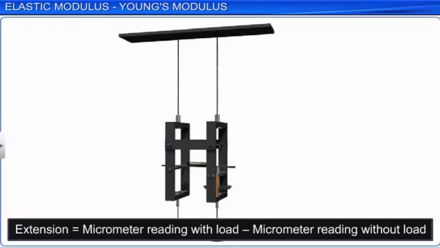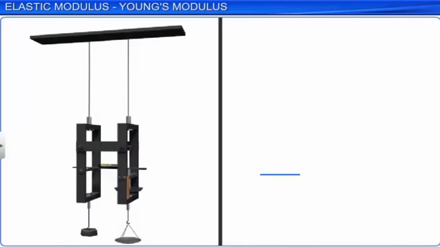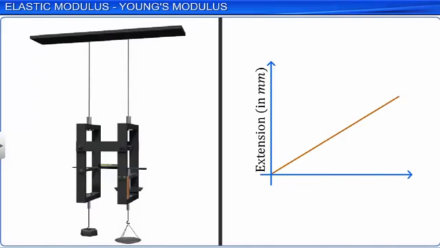Similar results are obtained even if the load causes compressive stress by using a suitable experimental setup. We learned that Young's modulus can be experimentally determined by applying different tensile or compressive loads and measuring the change in length in each case.